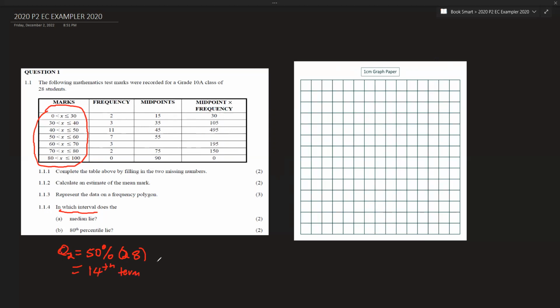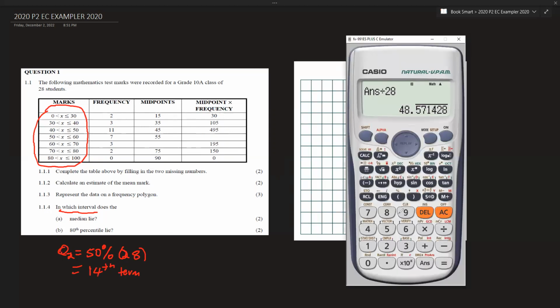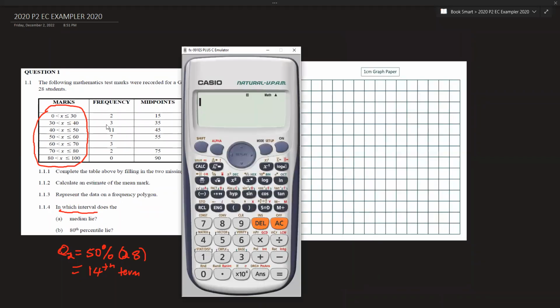And then from there, we need a class where the 14th term is going to be. I'll show you how to do that. What you do is you look at the frequencies. Obviously, the first one is 2. So 14 is way bigger than 2, so it cannot be in that one.